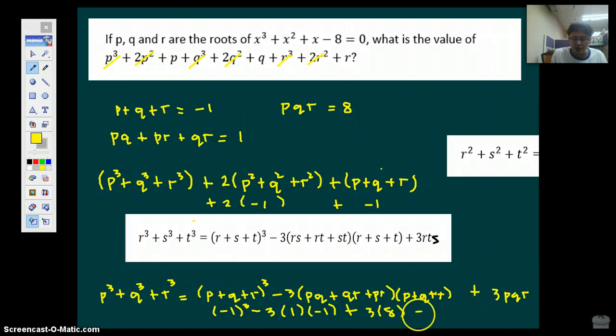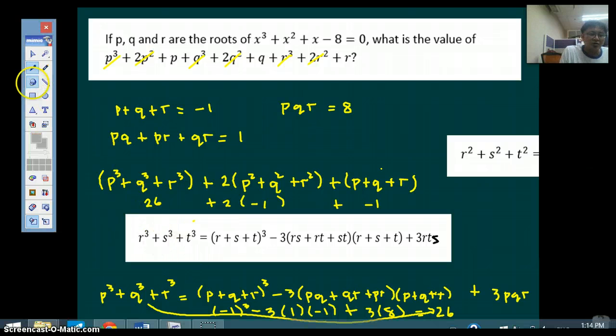So we can get the exact value of the right side, which is negative 1 plus 3, that's 2, plus 24, so we get 26. So p cubed plus q cubed plus r cubed is equal to 26. So now we know all the values that we need.